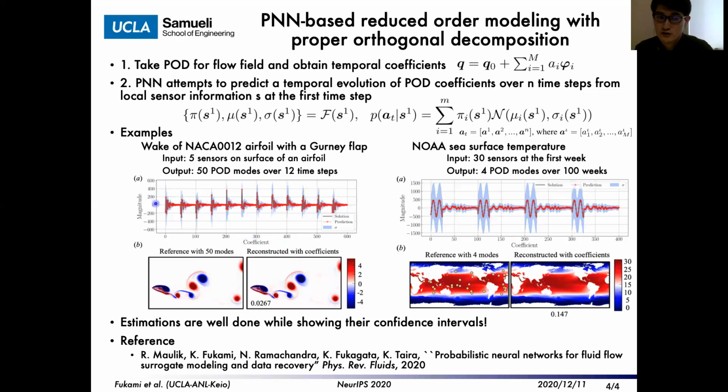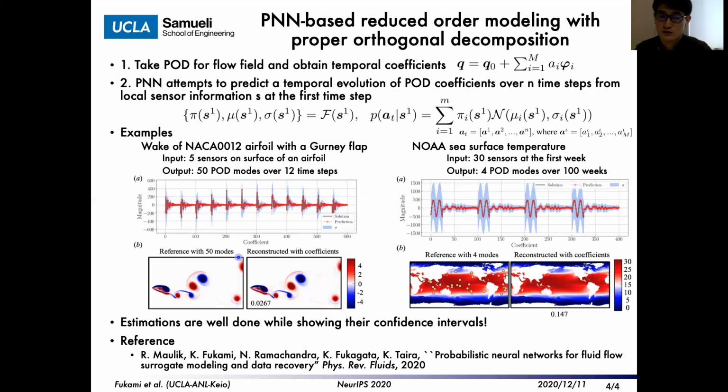As shown here, the estimated coefficient, colored red, shows reasonable agreement with the solution data illustrated as this gray line, while showing its confidence interval like this blue curve. And the beauty here is that we can also get the high-dimensional representation, I mean the high-dimensional flow field, by combining with the predetermined POD eigenvector phi.